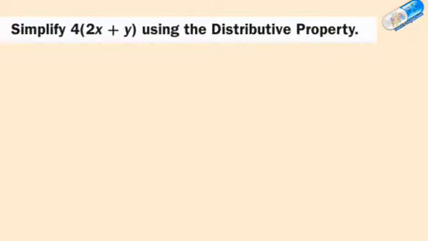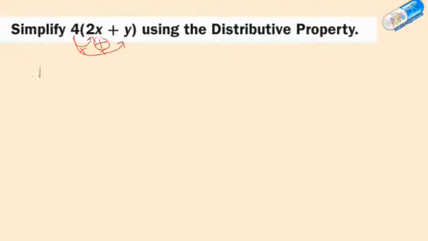Another example. Simplify 4 multiplied by 2x plus y using the distributive property. The distributive property means that we multiply the 4 times each term in this bracket. So 4 times 2x and 4 times y, and then we add them together.